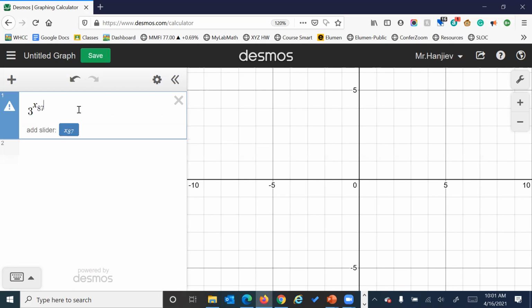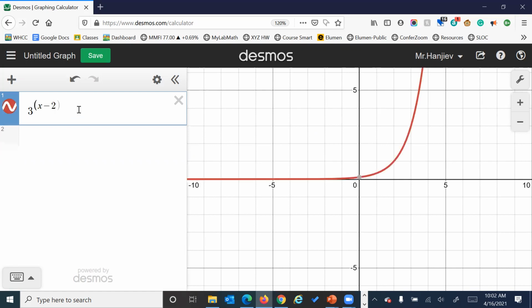Maybe if you include the parentheses before doing the number when you use the exponent. X minus 2. Yes, it does need the parentheses, and then you have to click the arrow to get back out of it.